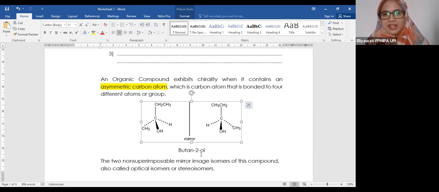Make the structure first, and then tell us the name. Okay, I will give you 4 minutes for thinking and write down the structures of substances that contain an asymmetric carbon atom.